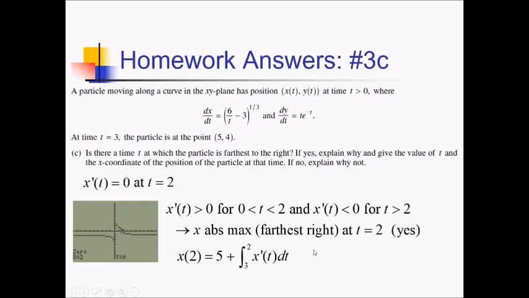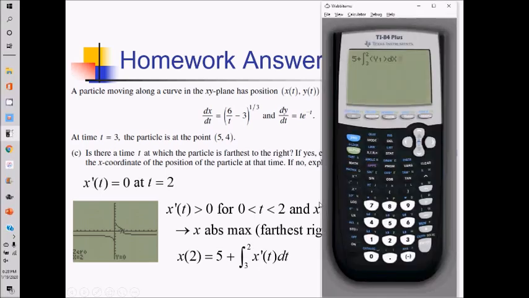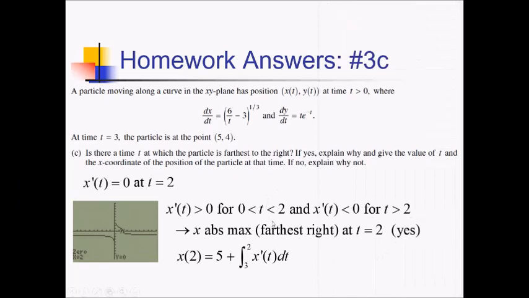And let me just do all that on the calculator. So here's what I entered. We have 5 plus the integral from 3 to 2 of y1, which again was where we stored x prime, dx. And press enter. That's going to give us an x value of 5.792.